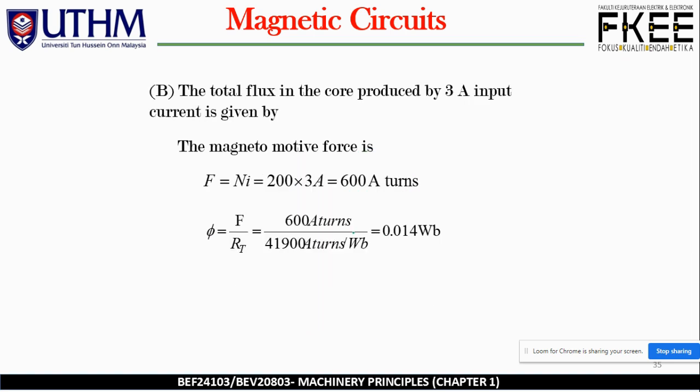And then similarly for question B, total flux produced by 3 ampere input current, so back to F equal to Ni. So we have number of turns 200, we have I 3 ampere, 600. And 600 into F over RT, the same value of RT, giving phi equal to 0.014 Weber.